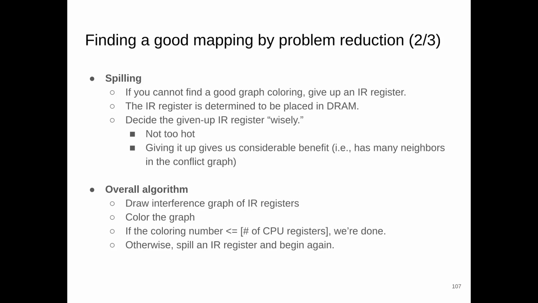How to draw the interference graph and how to color the graph and how to pick a spill register and how to place memory allocations and memory manipulations for spilled registers. And also we'd like to discuss a few architectural details that need to be taken into account when you implement this register allocation algorithm.